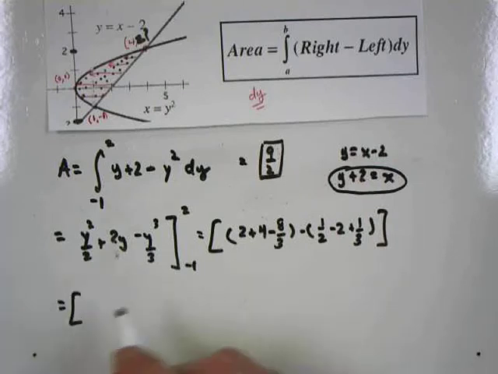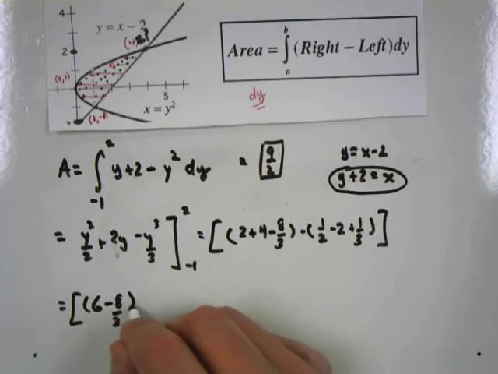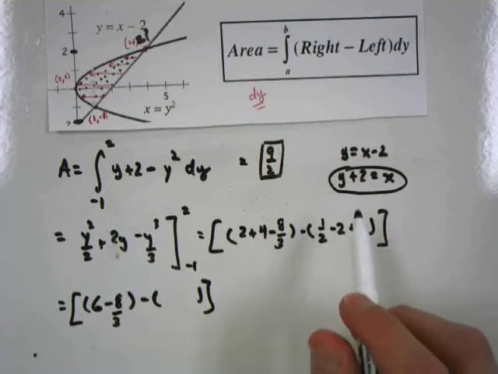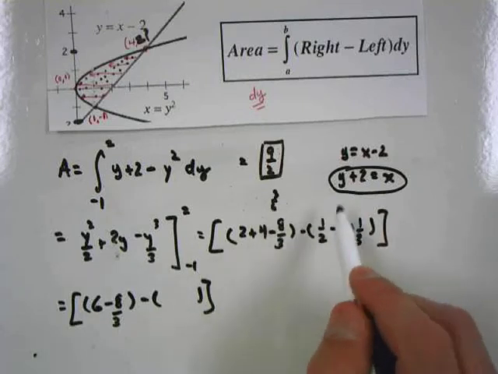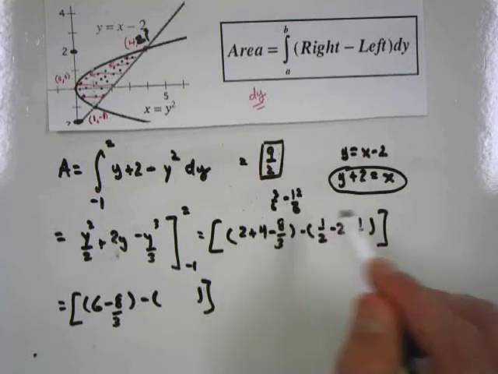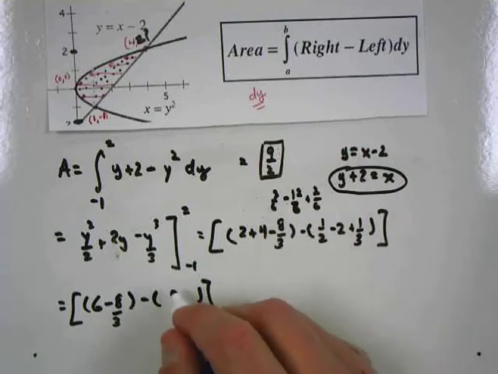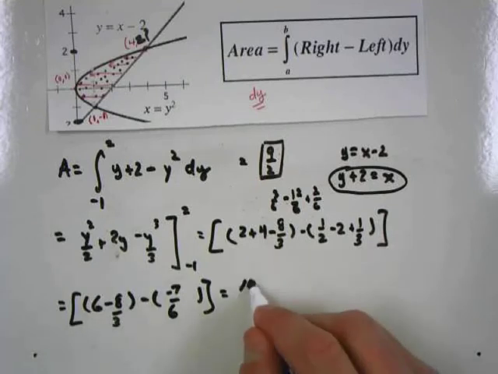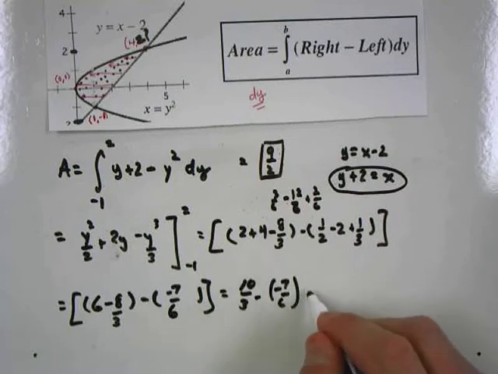So I'm left with 6 minus 8/3 minus, now when you combine these, if you want to go sidebar, we've got 3/6 minus 12/6 plus 2/6, so that's going to yield an answer of -7/6. 6 minus 8/3 would give me 10/3, minus -7/6.